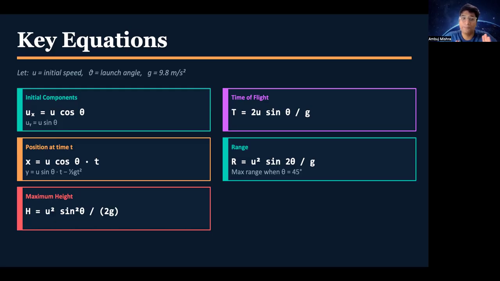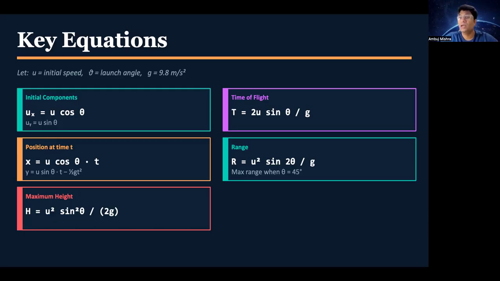Now the maximum height, H, is equal to u squared sin squared theta upon 2g. This we have obtained by keeping our vertical velocity to be zero, right? Time of flight, T equals 2u sin theta by g. It is nothing but double the time it takes for the projectile to reach the top. Range is u squared sin 2 theta by g.